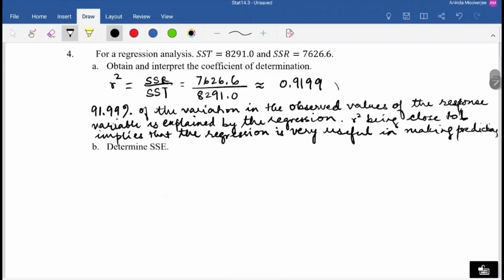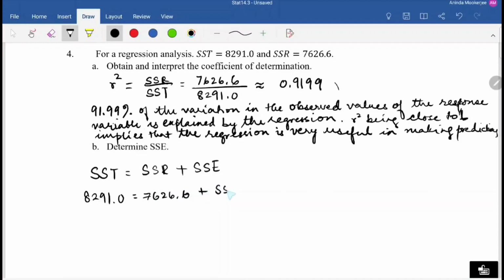Part B says determine SSE. They've only given us SST and SSR, so we have to find SSE from these values. But keep in mind there is an identity which goes SST equals SSR plus SSE. We know the value of SST is 8291.0 and SSR is 7626.6. We need to find SSE, so just solve for SSE.